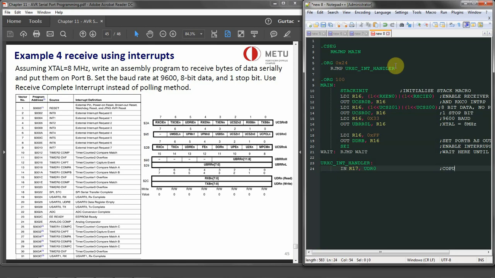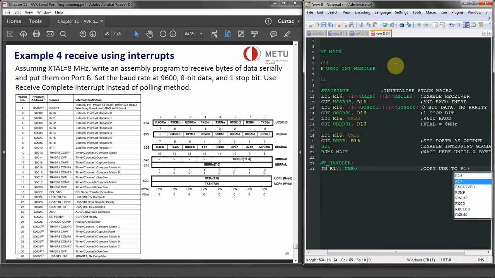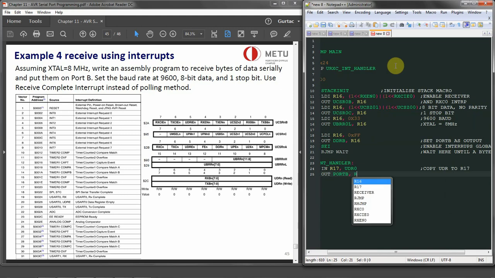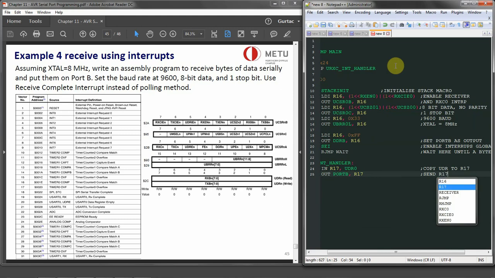So copy UDR to R17. Then what we can do, we can out this on port B. So send R17 to port B and then return from interrupt.